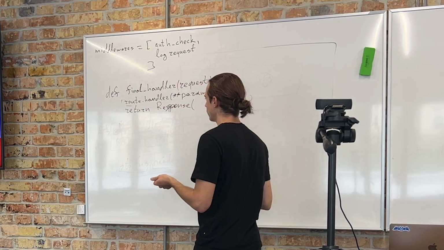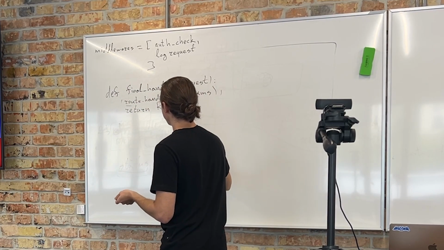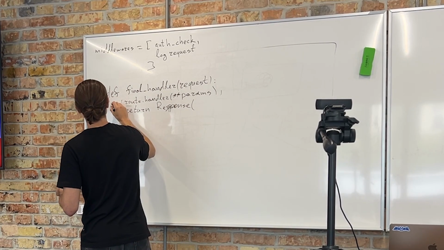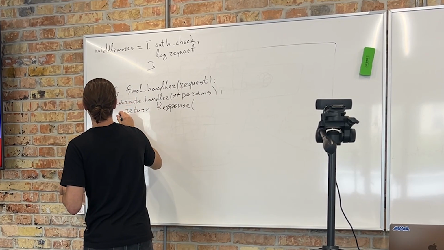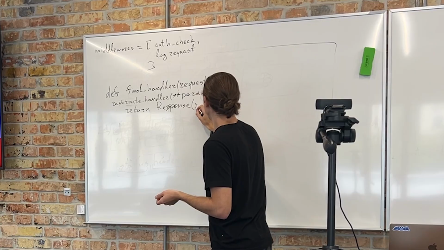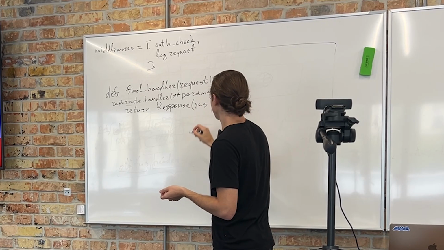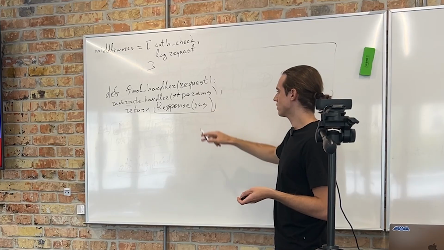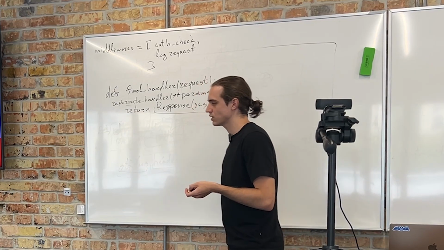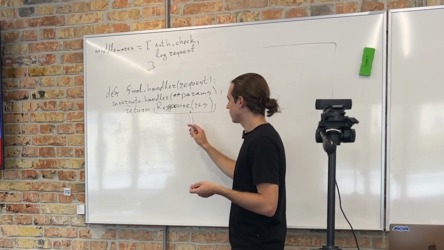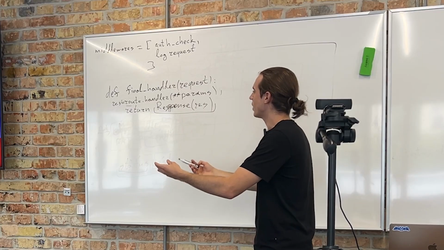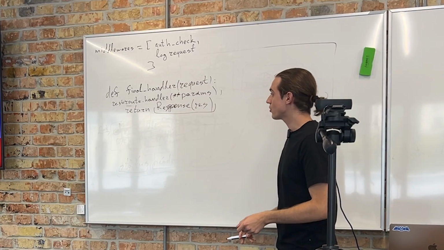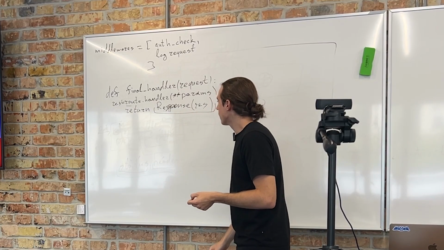For example, we get some result, and we create the response object with the result as the content. We pass this content to the constructor of the response.